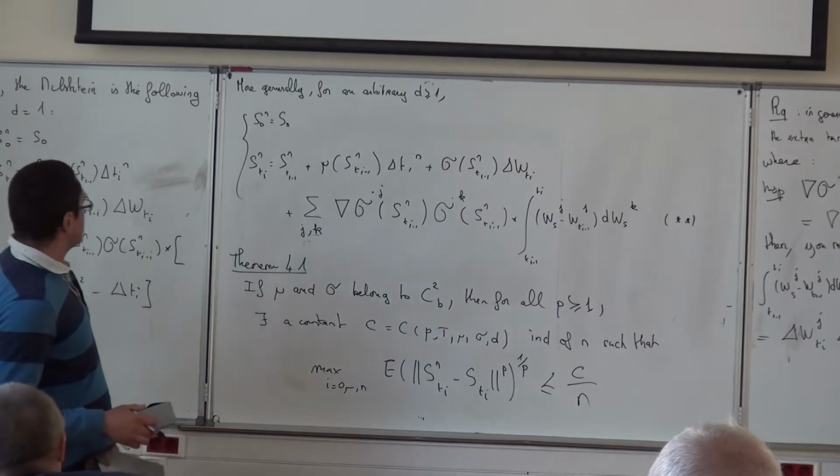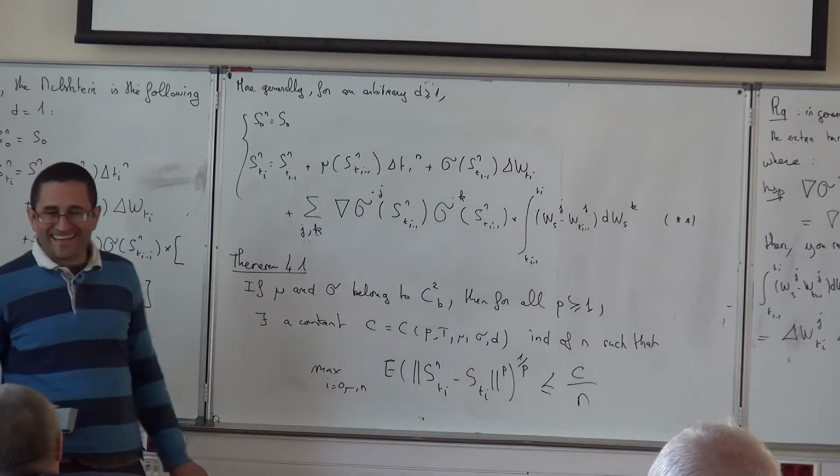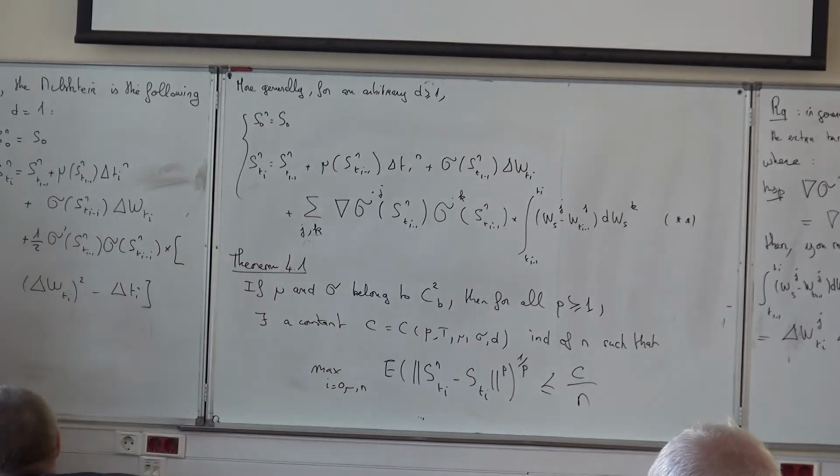So I'm going to stop here about the Milstein scheme, and now I'd like to talk about the most important part of this second lecture part. This is about the computation of pricing of barrier options.